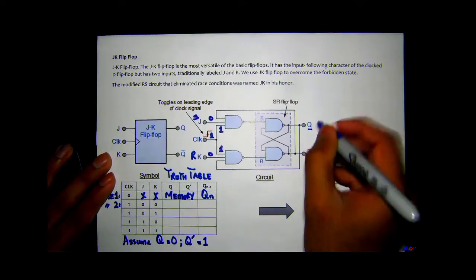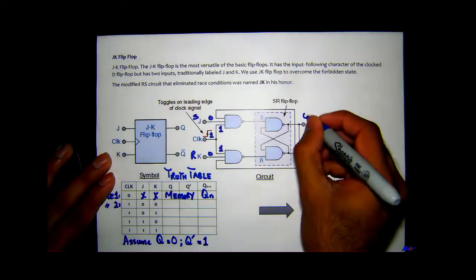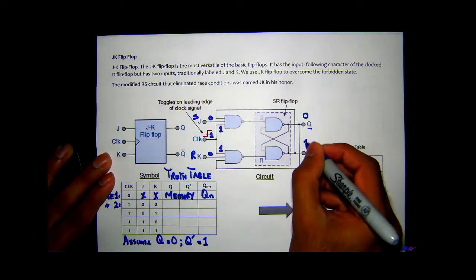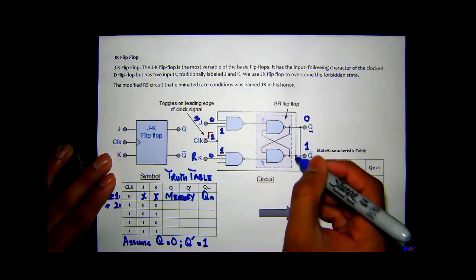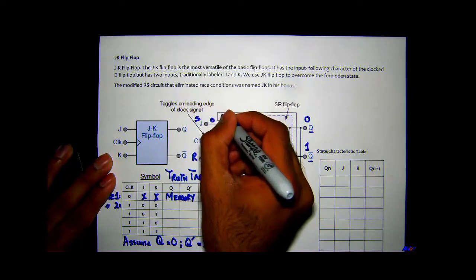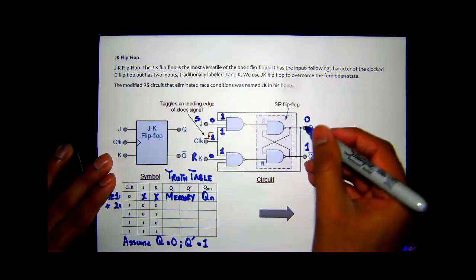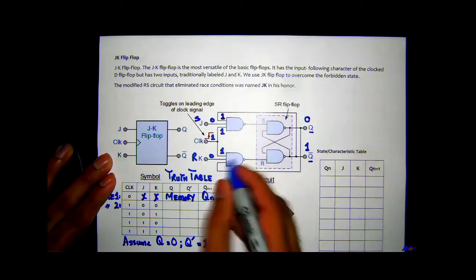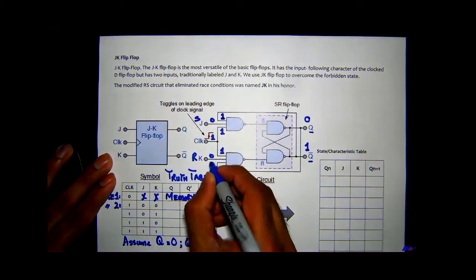So initially this is 0 and this is 1. So this 1 is fed into this input right here, so this is going to be 1 here, and then this output is fed into the input of this NAND gate, so this is 0 here.